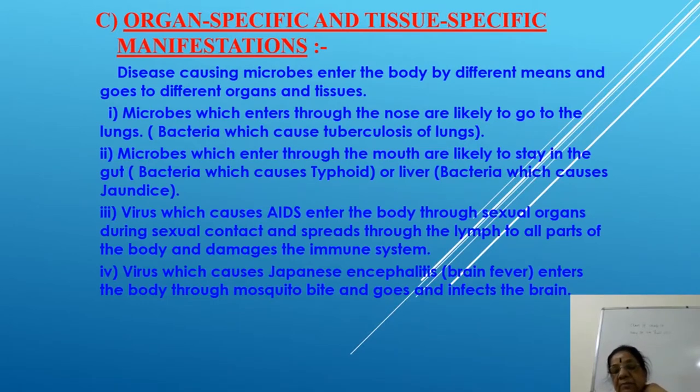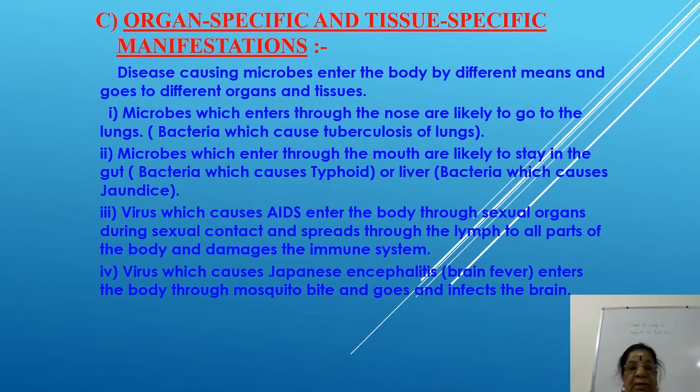And the liver: the hepatitis virus causes jaundice. Jaundice occurs when there is excess secretion of bilirubin and biliverdin. I hope you are able to follow. Bilirubin and biliverdin are contents of bile juice, produced by the liver.